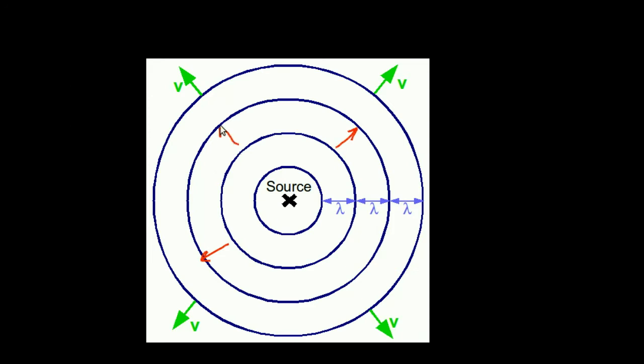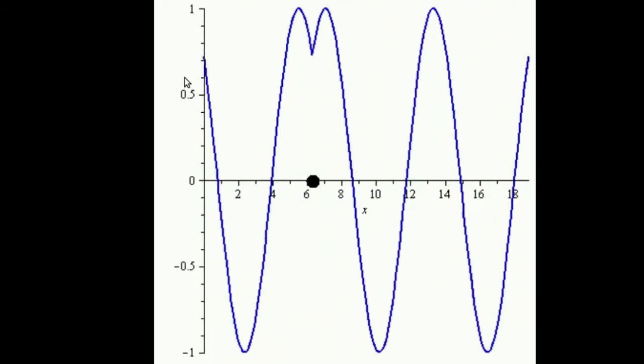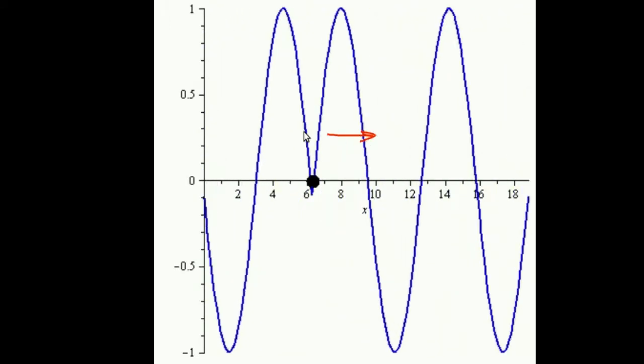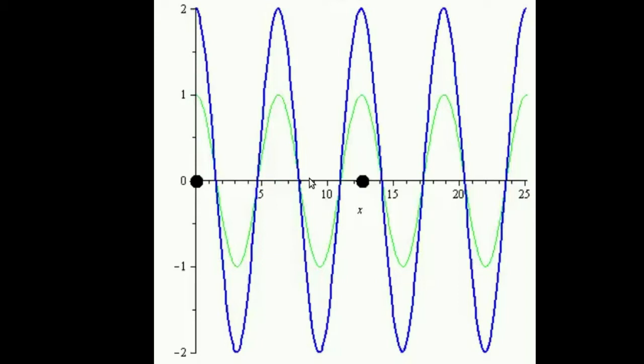But here, we're in one dimension, and so the only 2 directions possible here are right and left. So this animation is going to have 2 sources in it. We've got one source here and one source here. And so each of these will send waves in both directions, although we're not going to see the ones going left from this source because it's over at the left edge of our picture.